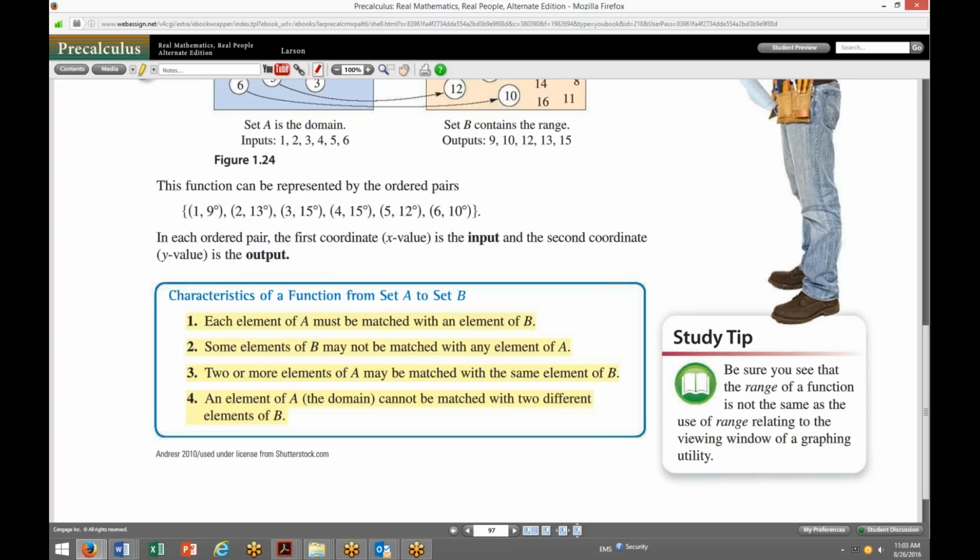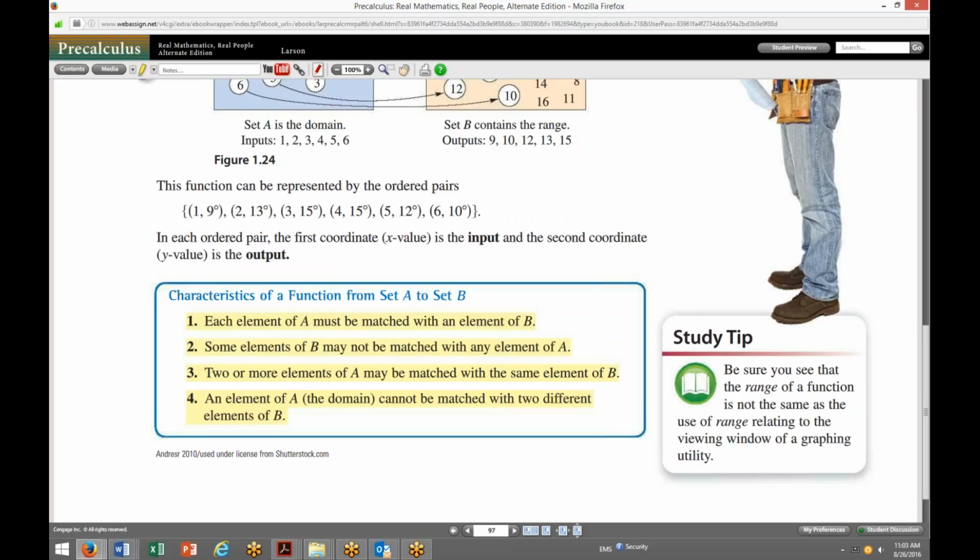Each element of set A must be matched with an element of B. This indicates clearly that set A is understood as the domain, set B is the range. This first one is actually important. Every single element in A has to be matched with an element of B. Not only can it not be matched with two or more elements, but it must be matched with one.